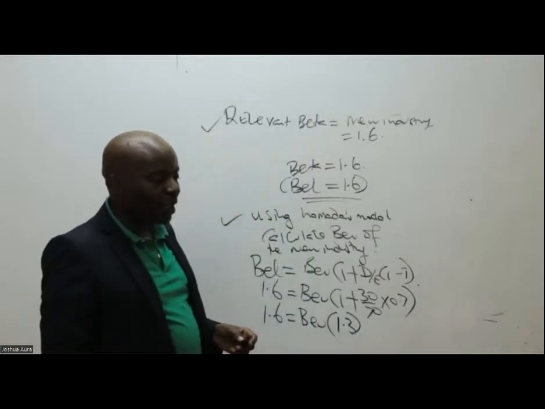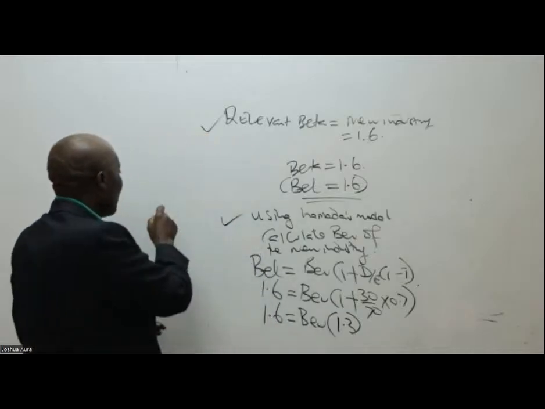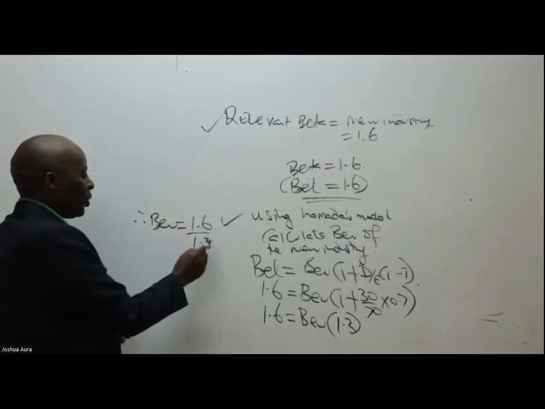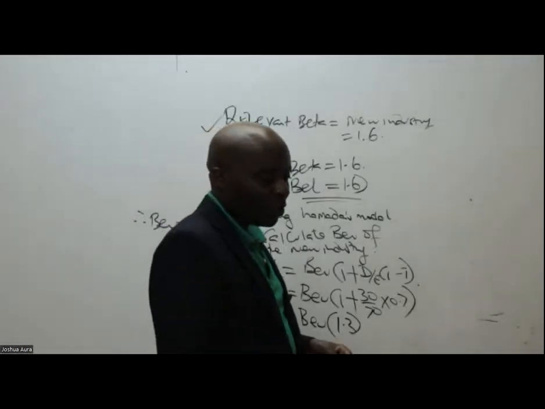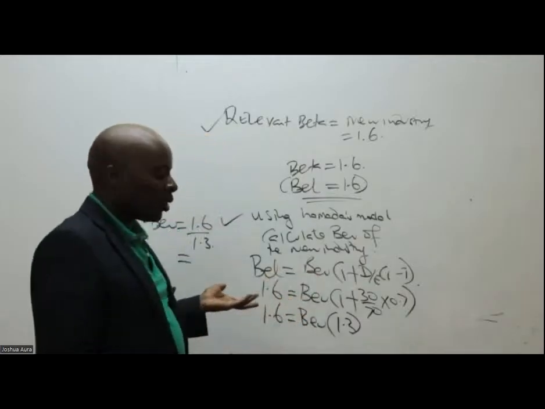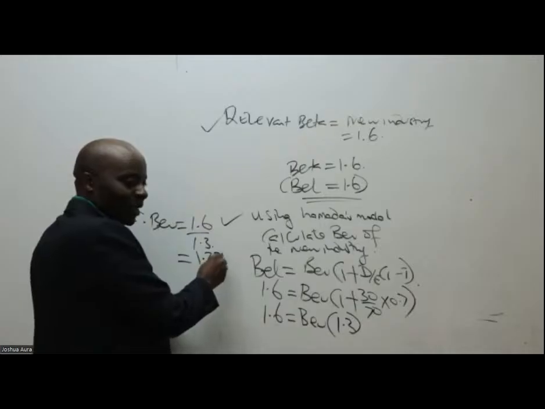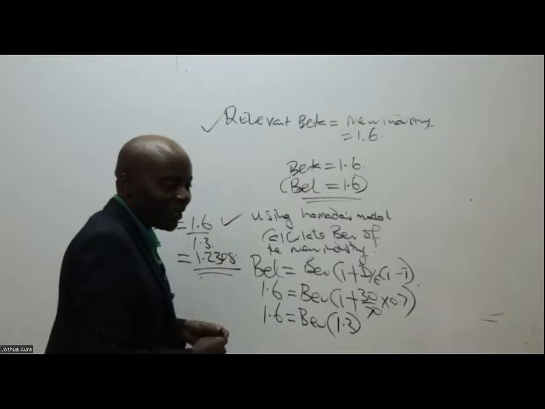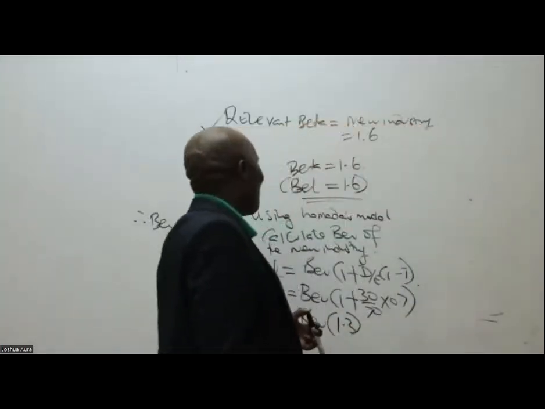So meaning that at the end of the day, my BEU will be equal to 1.6 over 1.3, which is 1.23. You got that BEU of 1.23, with many decimals. Thank you so much. That is wonderful.